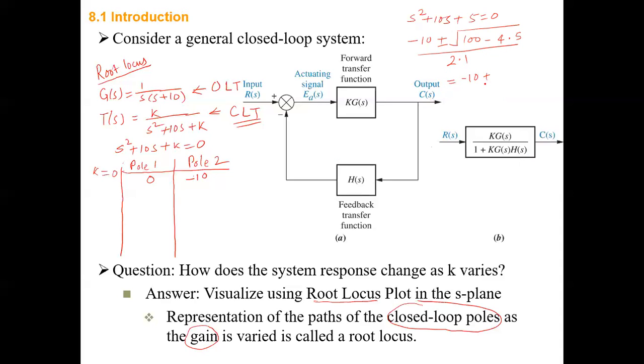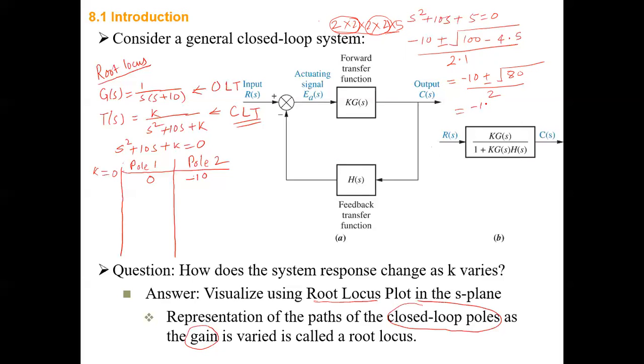Negative 10 plus or minus the square root of 100 minus 20, which is 80. 80 is 16 times 5, so the square root of 80 is 4 square root of 5.